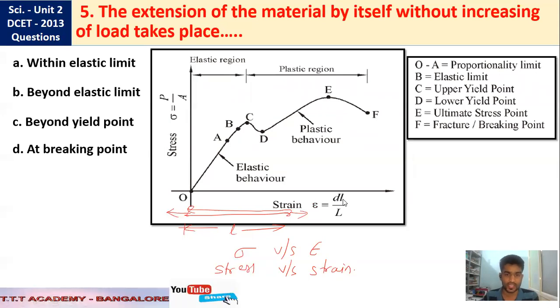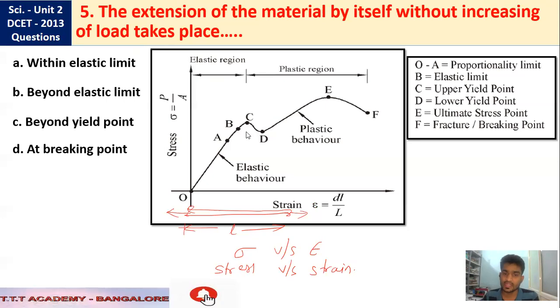Here, as the force is applied, the stress value goes on increasing, and the material strains. Till the point C, as the stress increases, the strain also increases. Once it reaches the point C, without increasing the load or the stress, the material keeps straining.